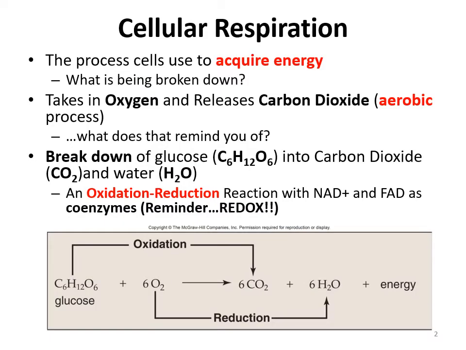Now, when we talk about cellular respiration, the first thing you have to remind yourself is that this process is for acquiring energy. It's for cells to get energy. And if you think about it, where do they get energy? Well, where do you get energy? From breaking down food, right? So in the case of cells, they acquire energy from breaking down carbohydrates specifically.